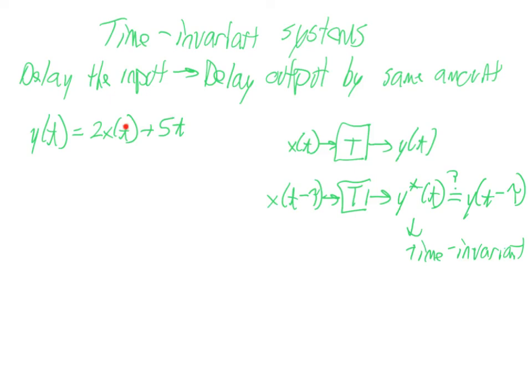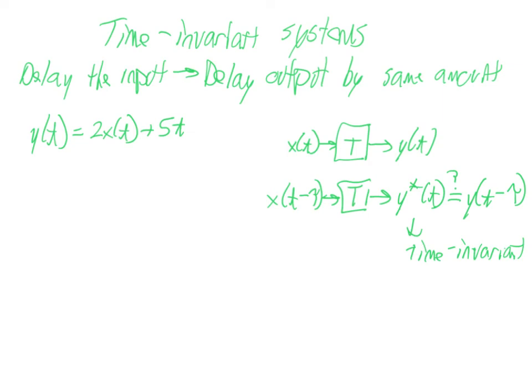So if I delay the input x by so many seconds, this ramp is going to have grown larger. So one clue, this is not the only clue, but one very good clue that you are dealing with a system that is not time invariant is a t here that is not used as a simple index or argument to your input function. So let's now use this block diagram on the right to show that this system is not time invariant.